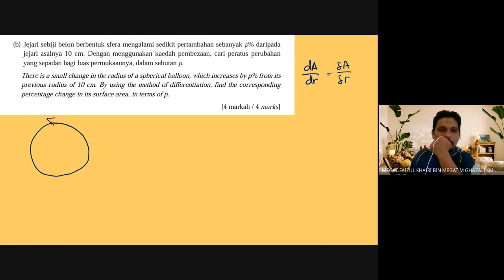Okay, a balloon, sphere. The formula of the volume of the balloon is 4 over 3 pi r cube. Okay, using the method of differentiation, find the corresponding percentage change in the surface area in terms of p.